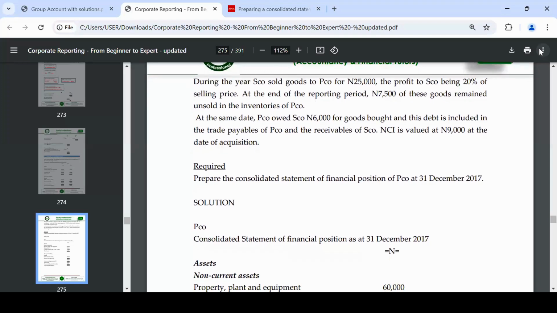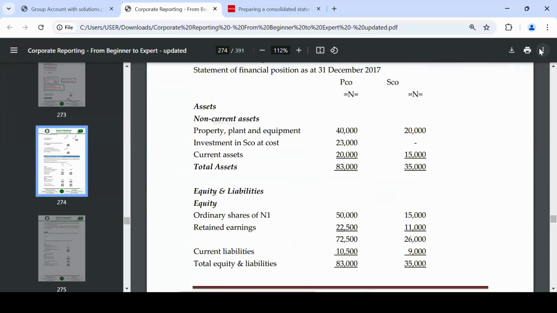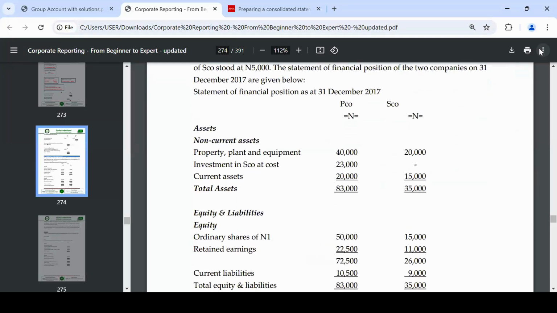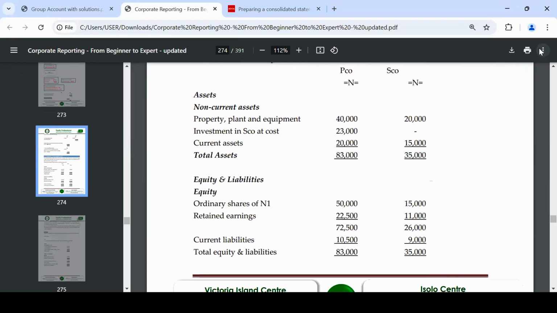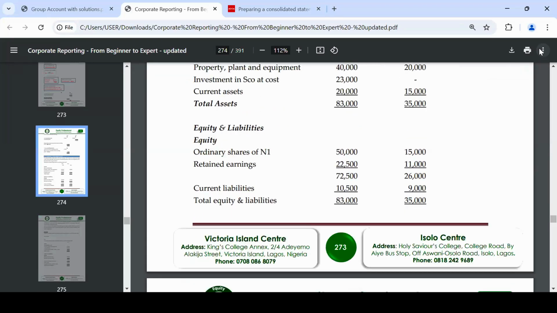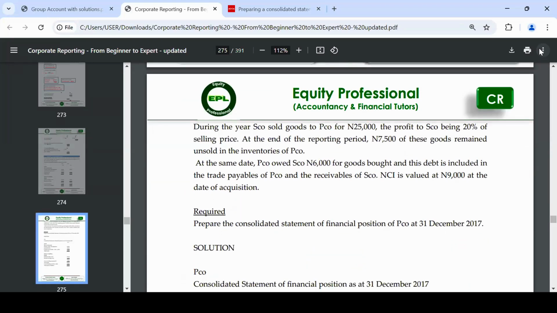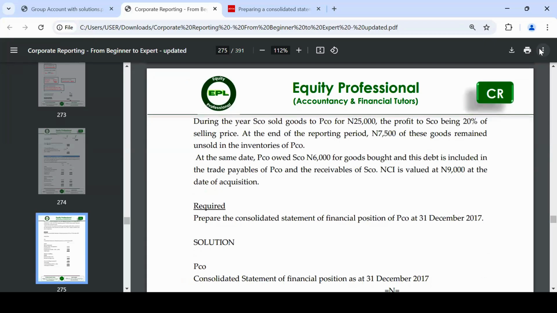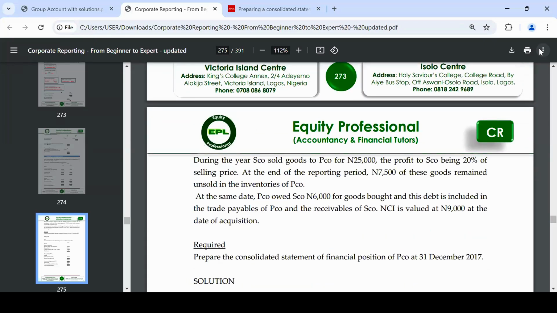Okay, I'm not going to bother about this other intra-group trading. We've dealt with that one, the one of 6,000. If you look at the book of PICO, they didn't make special mention, but no problem. How do we treat that 6,000? It's very simple. We'll remove that 6,000.